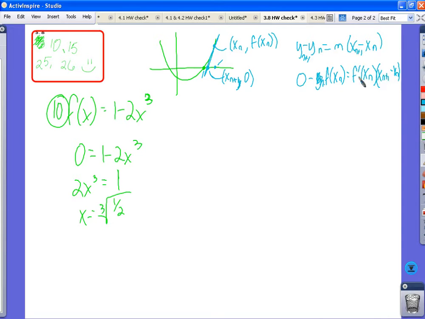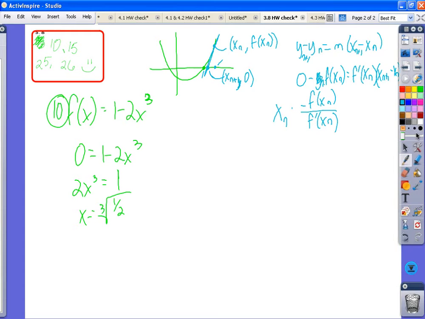So first we'll divide by f prime of x sub n. Then we'll have x sub n plus 1 minus x sub n. So we'll add x sub n to both sides. So we get x sub n minus that.